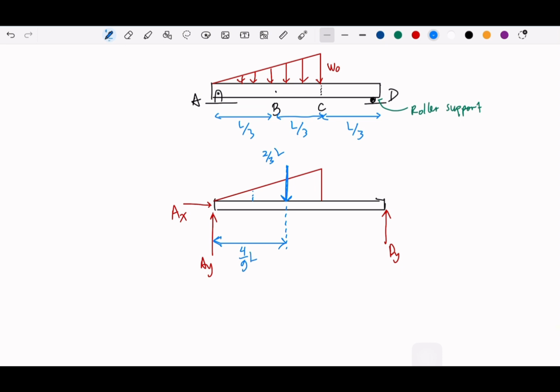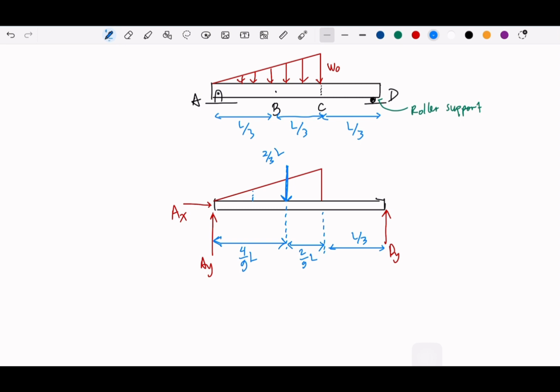Okay. And this will be one over 3 by 2/3. So 2/9, right? And we have another L/3 here.